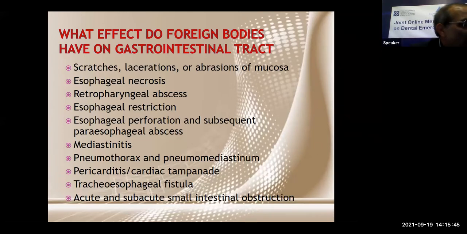Also, some problems occur when objects enter the gastrointestinal tract. Although most of these problems have not been seen as complications of dental procedures, we must know about them. For example, scratches, laceration, and abrasion of mucosa.